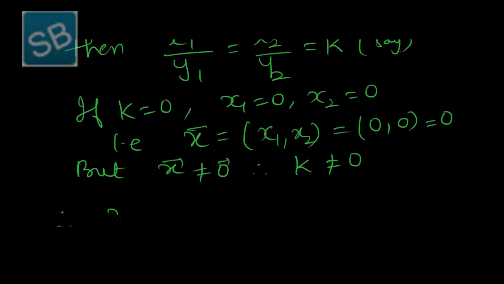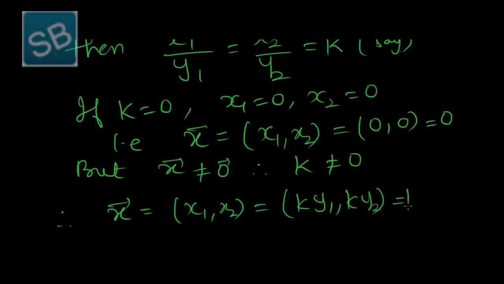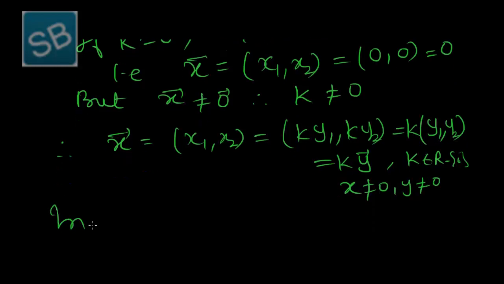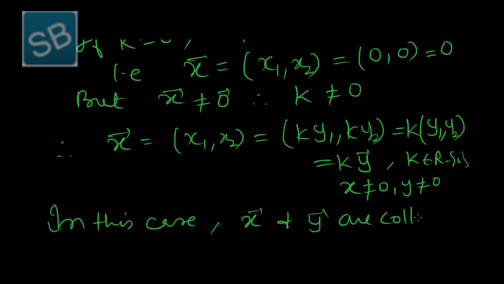Therefore from above, vector x is equal to (x1, x2), that is (k y1, k y2), that is k times (y1, y2), that is k times vector y, for k belongs to R minus 0 and x is not equal to 0 and y is not equal to 0. Then in this case x and y are collinear. That is, by definition, vector x is equal to k times vector y.